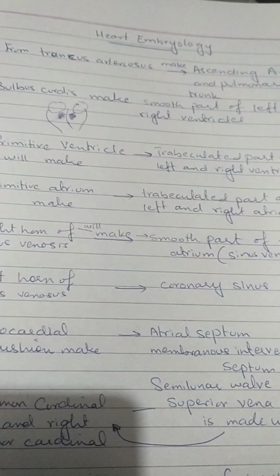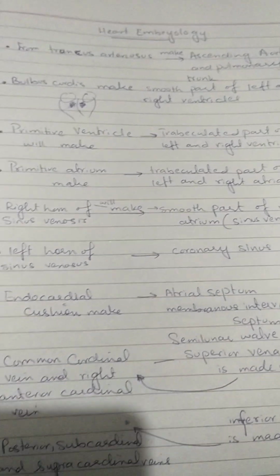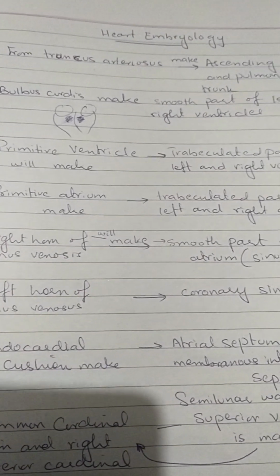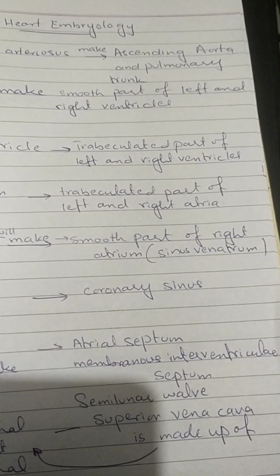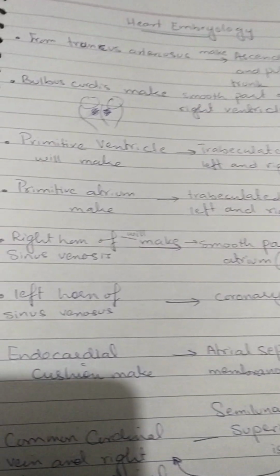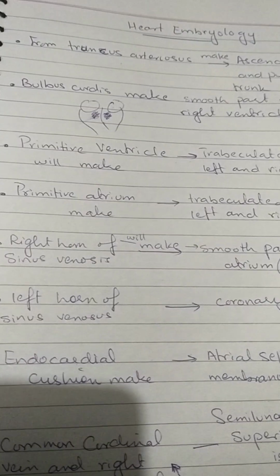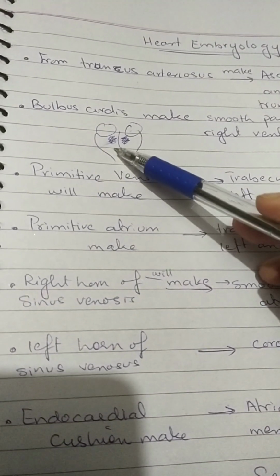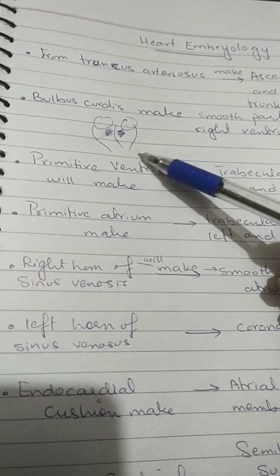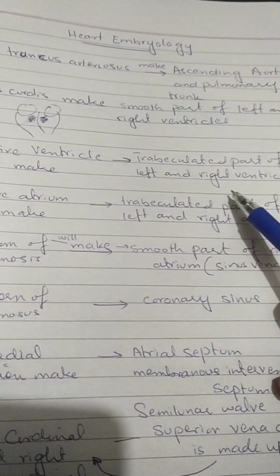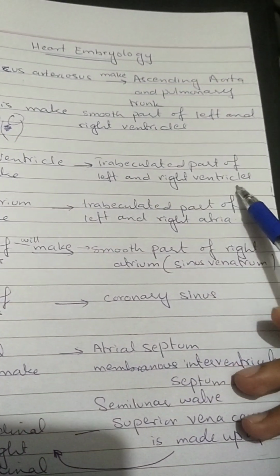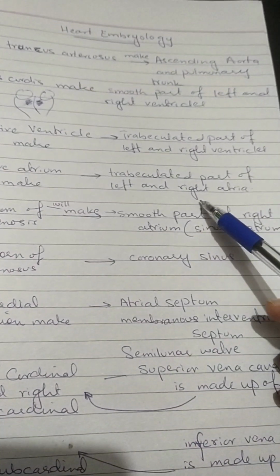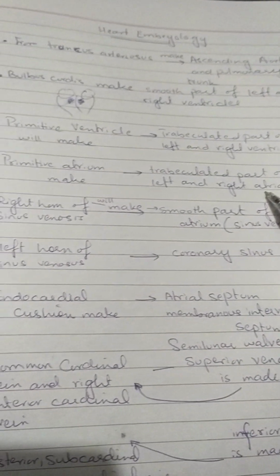Okay, after that we have the heart embryology topic. Truncus arteriosus makes the ascending aorta and pulmonary trunk. Bulbus cordis makes the smooth part of the left and right ventricles. Primitive ventricle makes the trabeculated part of the left and right ventricles. Primitive atrium makes the trabeculated part of the left and right atria.